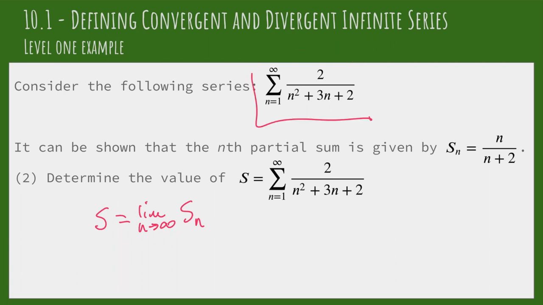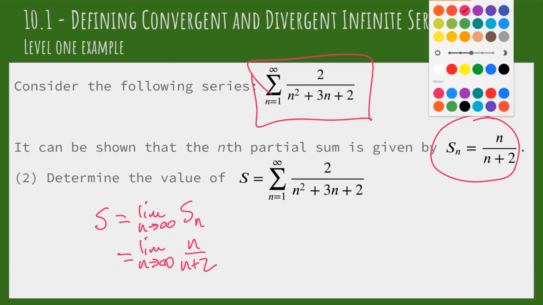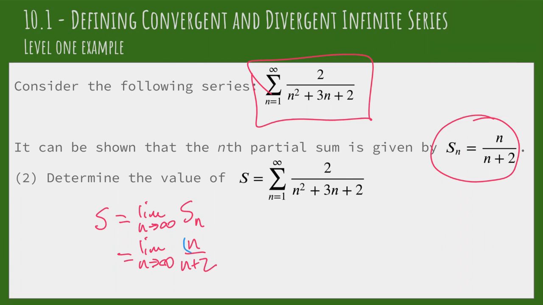This sigma notation here doesn't actually come into play at all. What's important for finding an infinite sum is the partial sums. So we're going to look at the limit as n approaches infinity of n over n plus 2. And remember, we're looking at relative rates of growth. On top, the n is going to dominate because it's the only thing there. On the bottom, the n is going to dominate.